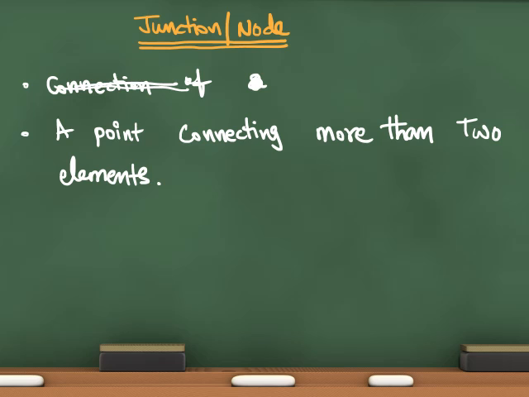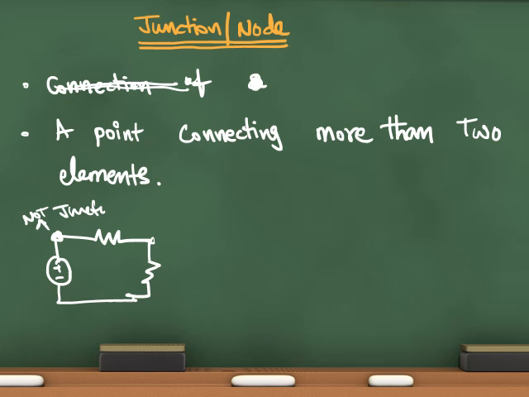Suppose I have a network something like this. Here is a point but it is not a junction. Here is a point connecting only two elements, but if I connect one more element here, observe here, 1, 2 and 3, so it is a junction or a node. Okay.